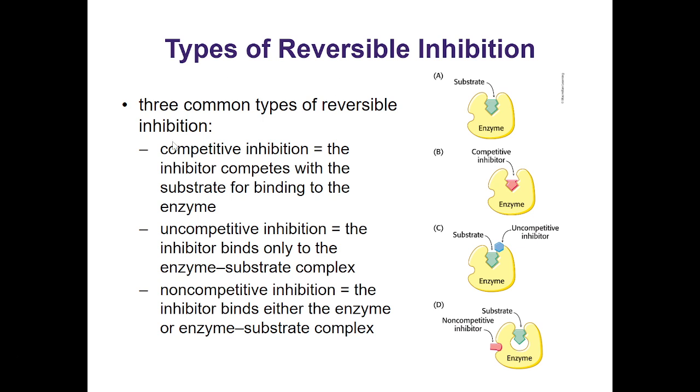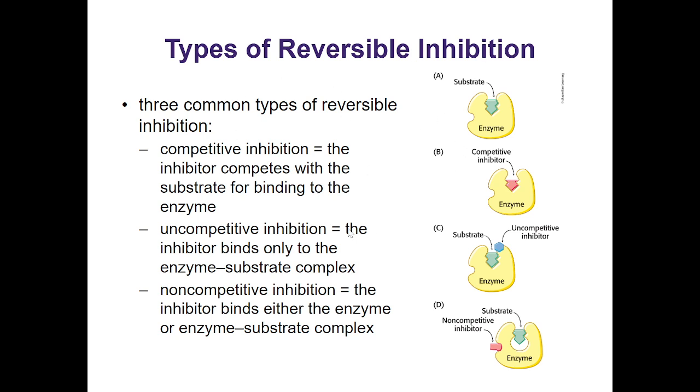If you were just to name that off the top of your head, what do you think it does? Competes with the substrate, exactly. So it's going to bind the same place the substrate would bind, right? That's the only way it can compete with it. So if the substrate binds there, the inhibitor can't get in. If the inhibitor binds to the active site, the substrate can't get in, can it?